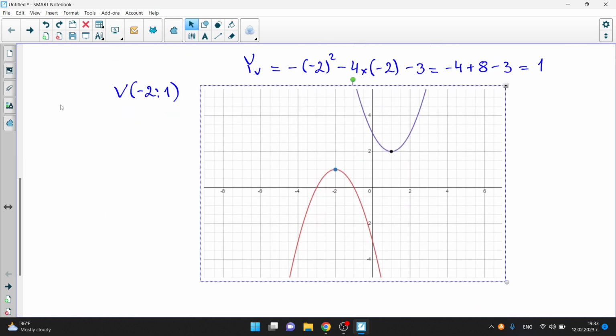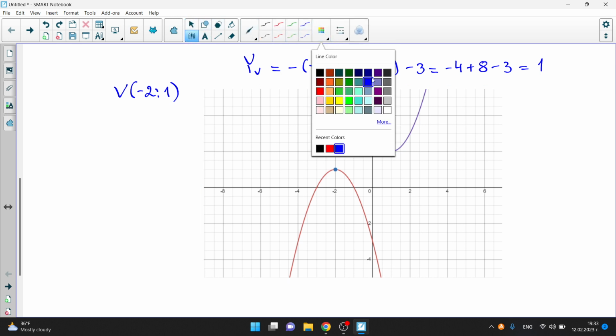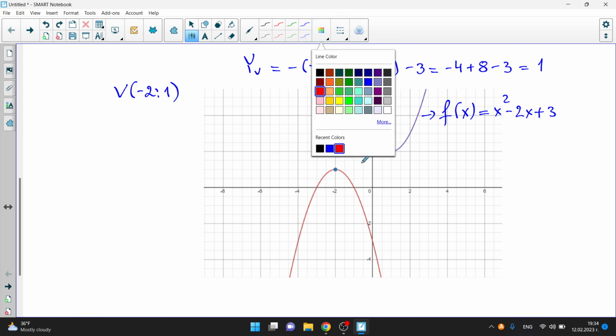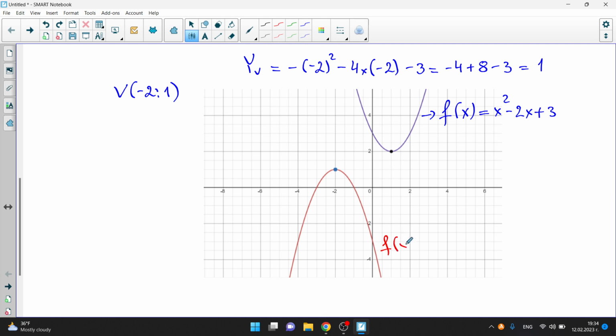Now this is for the first function. This is a graph of the function f(x) equals x squared minus 2x plus 3, and the second graph f(x) equals minus x squared minus 4x minus 3.